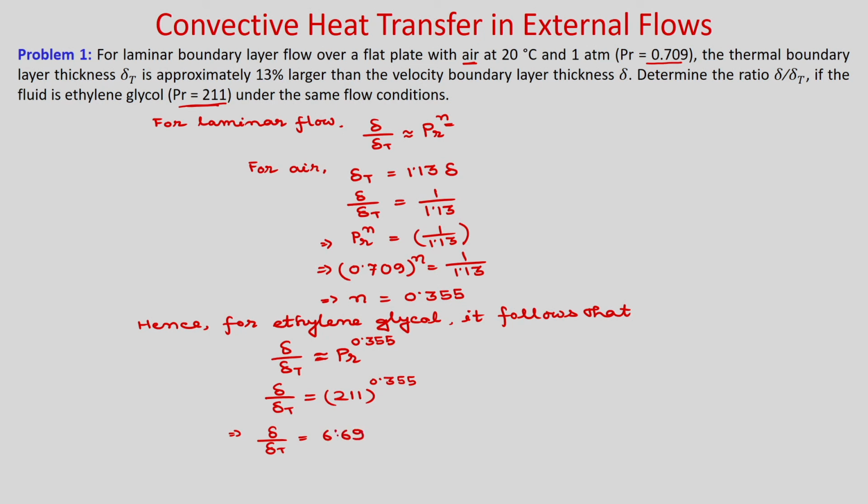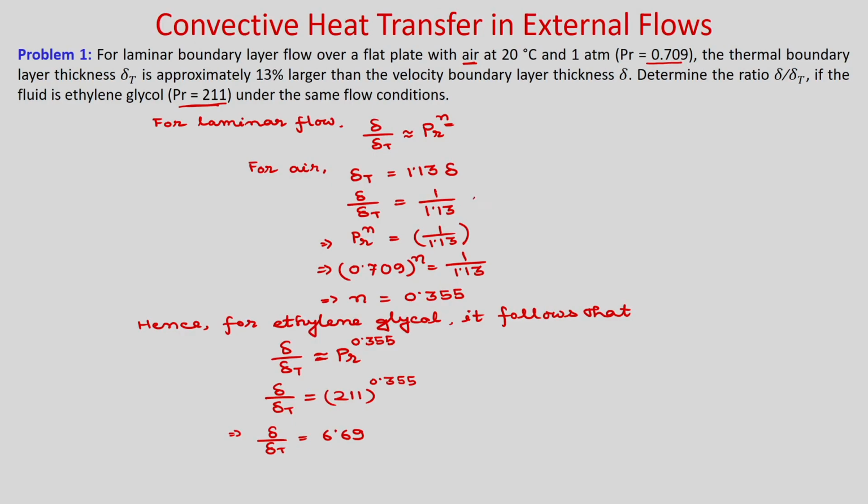So, hence you will get delta by delta T as 6.69. You just notice here that for air delta by delta T obviously is less than 1, but in case of ethylene glycol delta by delta T is greater than 1.